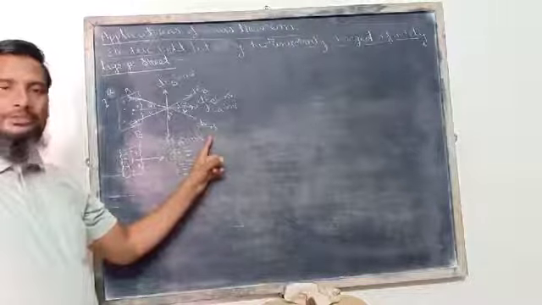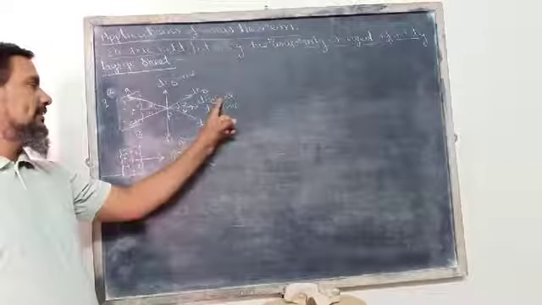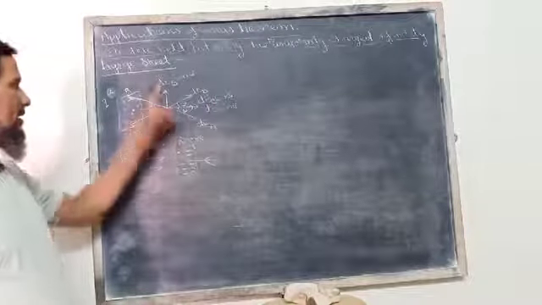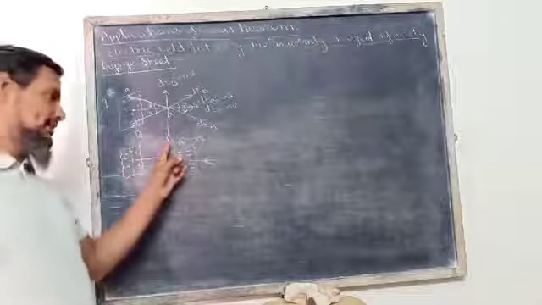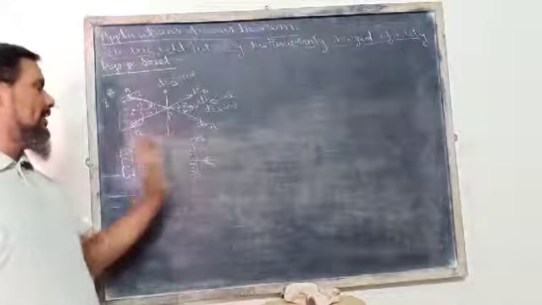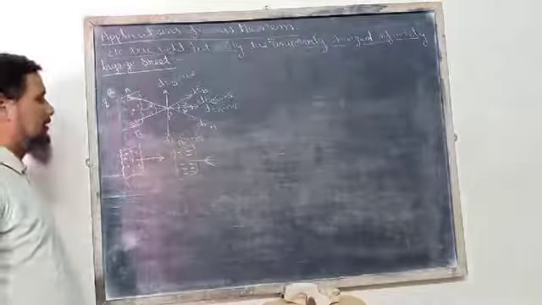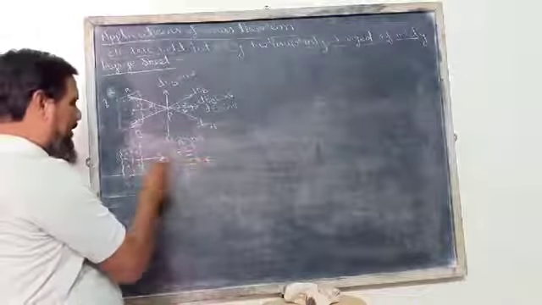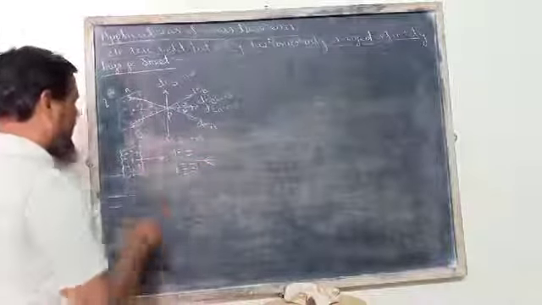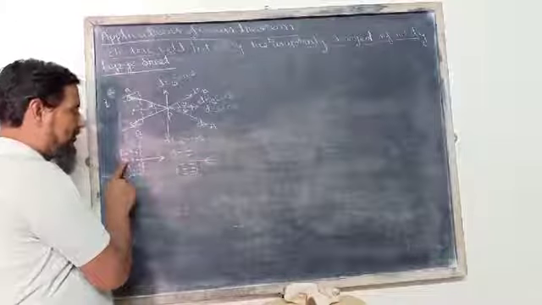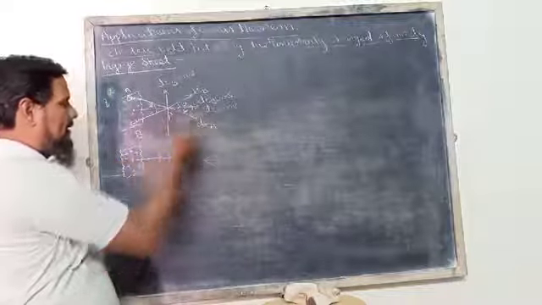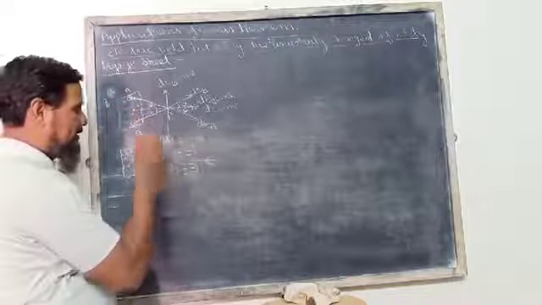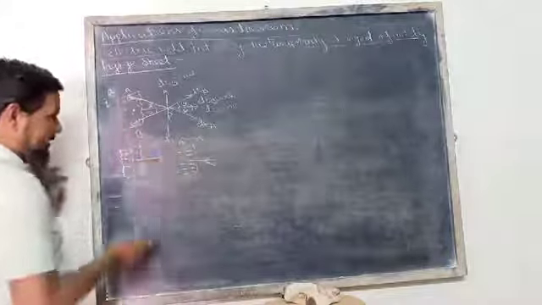They are resolved into components, and their cos components add up while the sine components are equal in magnitude and opposite in direction, so they cancel out. In this manner we can determine the direction of electric field intensity due to a positively charged sheet: it is vertically upward, away from the sheet.